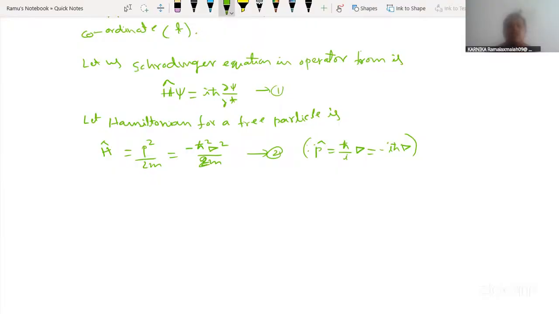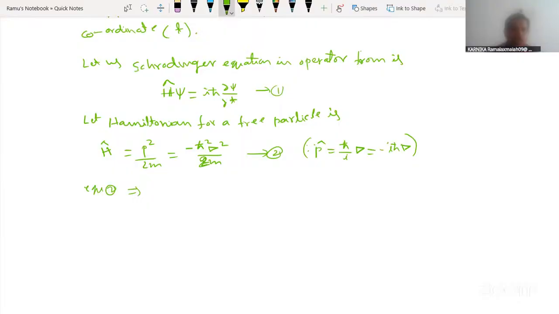So minus 1 into h cut square delta square means minus h cut square delta square by 2m. That is the formula. So this is the equation, equation 2.